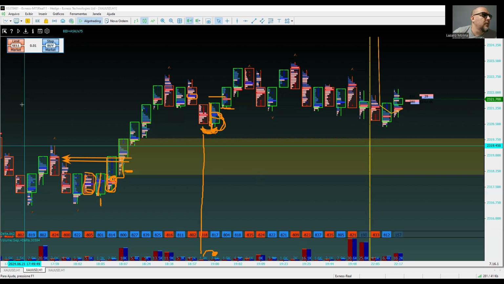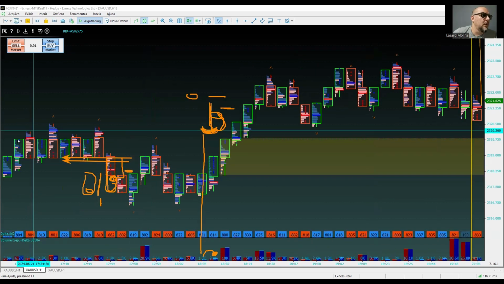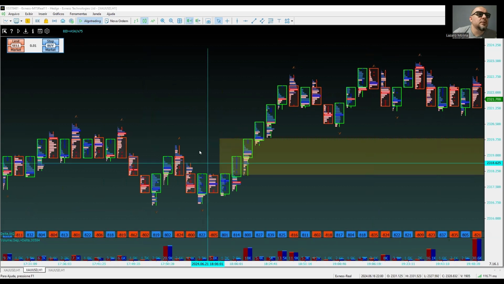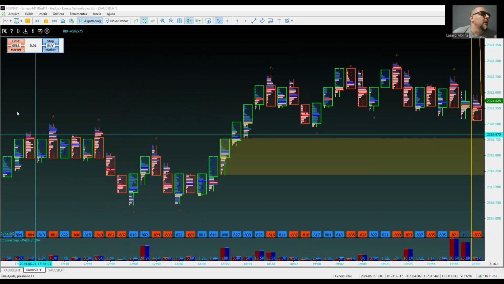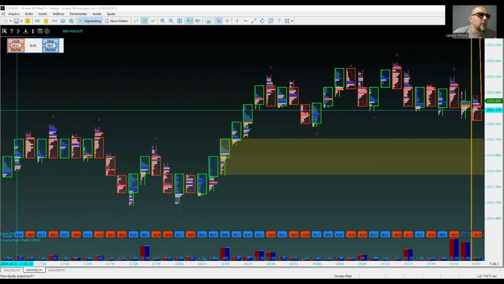Let me see. Let me clear all drawings. This is a very good opportunity here. Another one. So, low interest, start to come more interest in the next cluster, and you see that another cluster comes near this point of control.